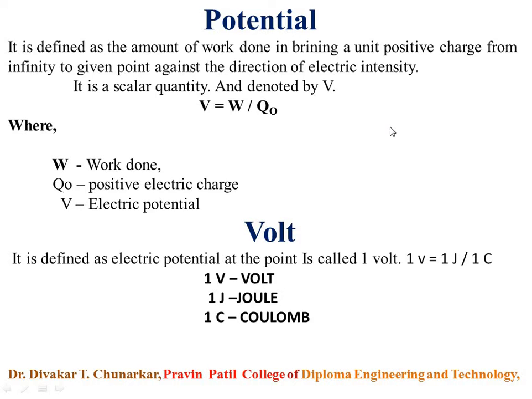What is the definition of potential? It is defined as the amount of work done in bringing a unit positive charge from infinity to a given point against the direction of electric intensity.